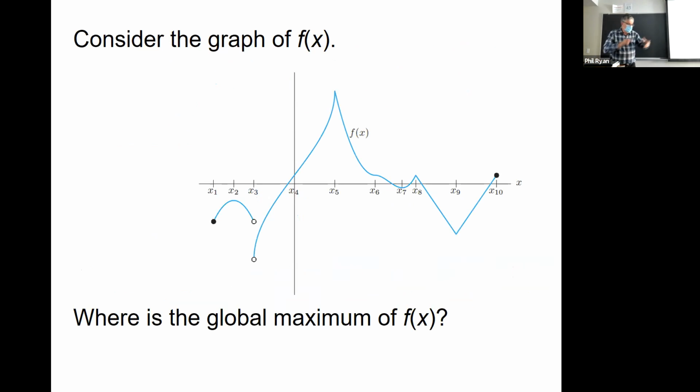Okay. Here is a graph of a crazy function, shown before. Where is the global maximum of this function? X5? Yeah. Okay, so this one wasn't a tricky one.